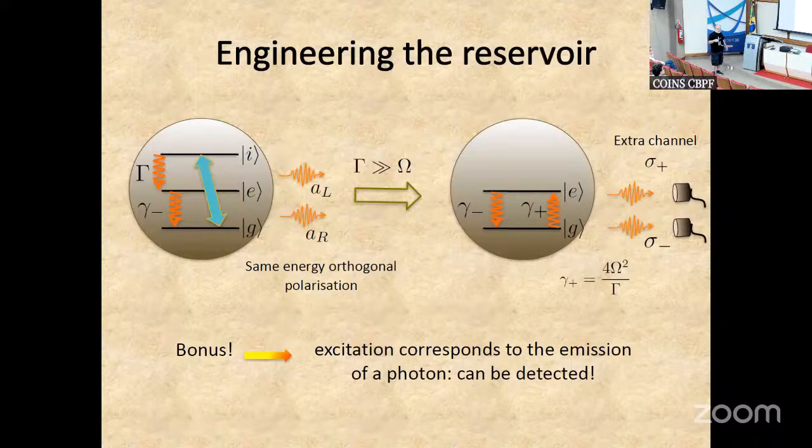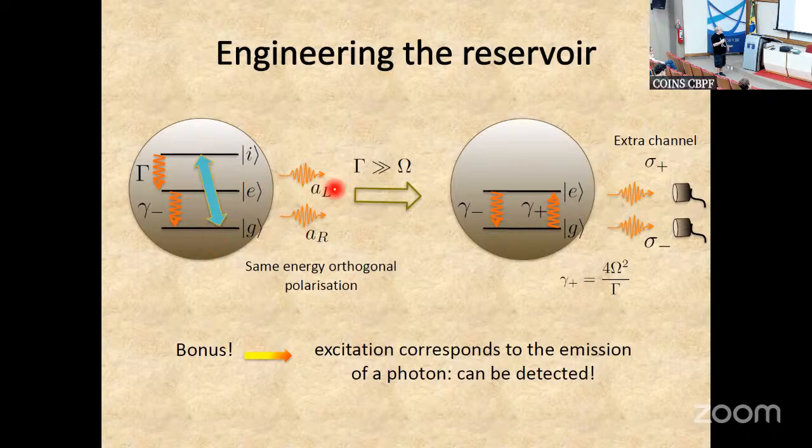So to honor my good friend Gerardo, who mentioned that I keep playing with my three-level scheme, I'll bring back the three-level scheme that you have already heard. I'm not going to spend too much time here, but the idea is that I have a three-level atom, and this is the spontaneous decay from E to G, and this is the spontaneous decay from I to E, and I pump from G to I with a coherent field.